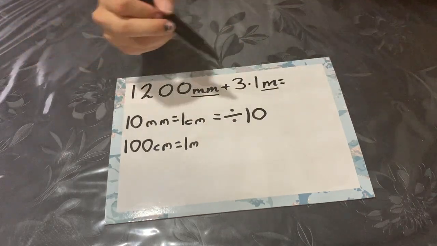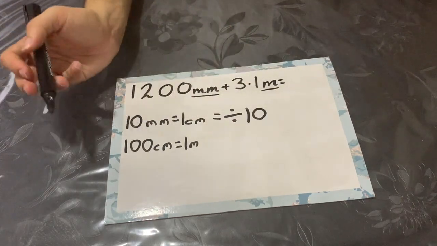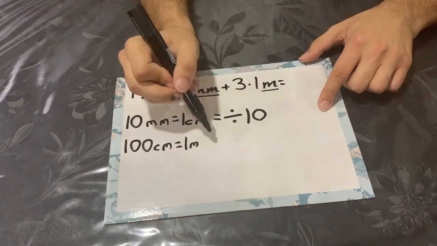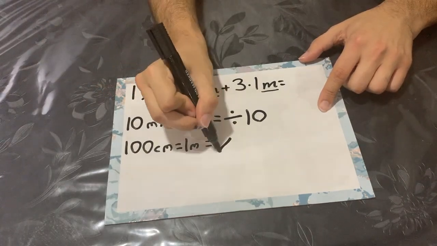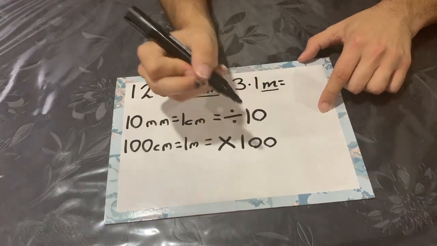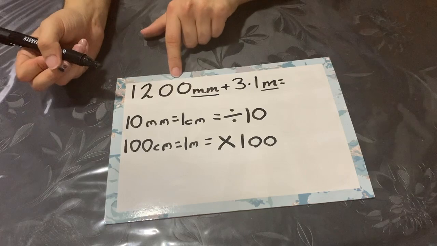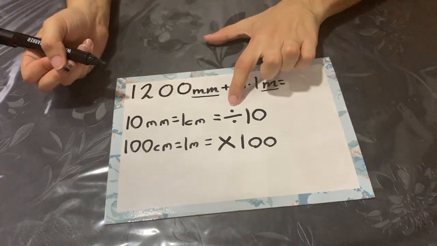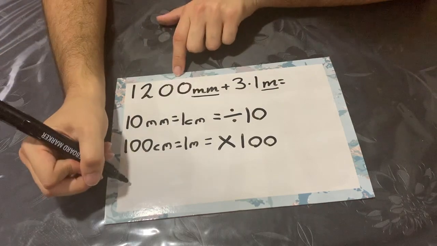And if I'm turning meters into centimeters, I need to times it by 100. So let's do this one first. So I need to do 1,200 divided by 10.